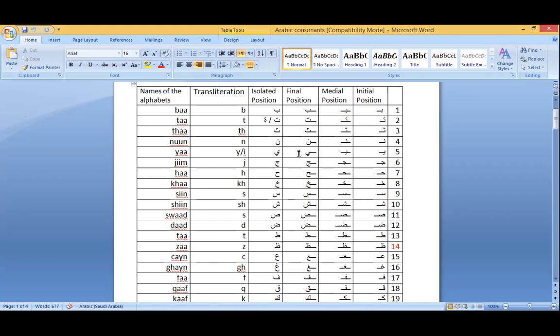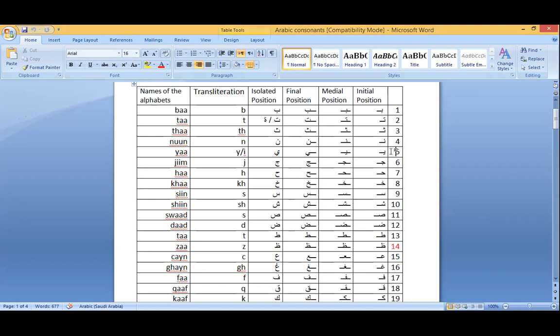Look at initial, look at middle, and look at final of group one up to here. Look at number 5. Is there a letter that has changed its shape?